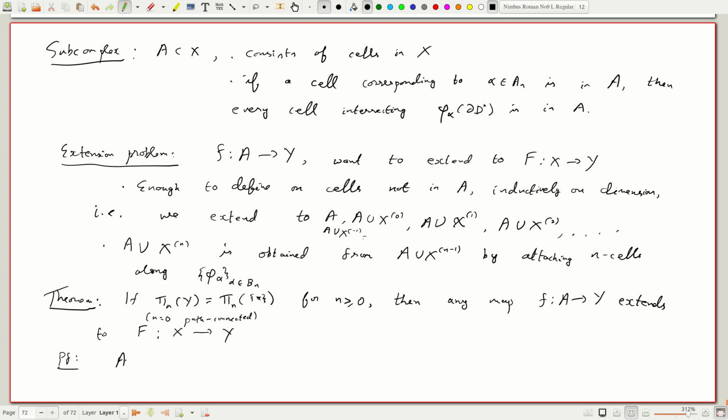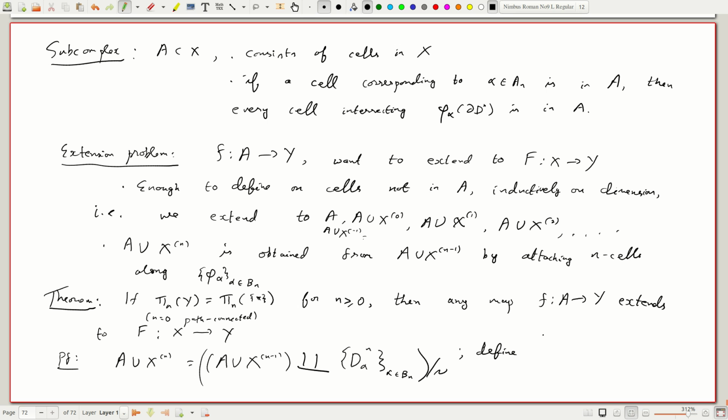So A union Xn is going to be A union Xn minus 1 disjoint union the cells D alpha n, alpha in what I called Bn, divided by equivalence.